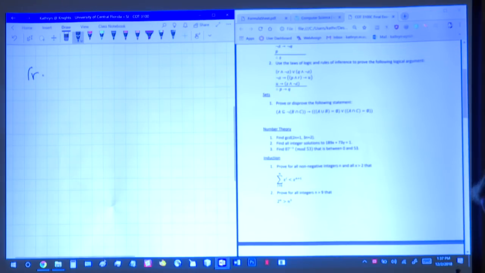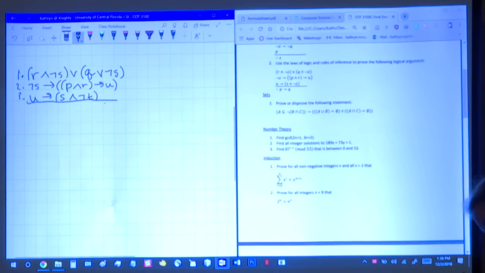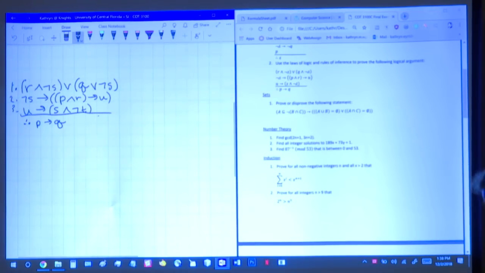Our premises are R and not S, or Q and not S, implies P and R implies U. Then we have U implies S and not T. Sorry, I forgot our conclusion, which is P implies Q. Same thing again, we label our premises.